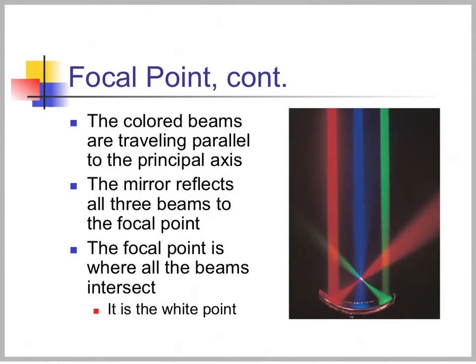So if I look at these beams of light coming onto this spherical mirror, the colored beams are traveling parallel to the principal axis. The mirror reflects all 3 beams to the focal point. So the focal point is where they all intersect. In this case, it's the white point, as the red, green, and blue light all intersect.